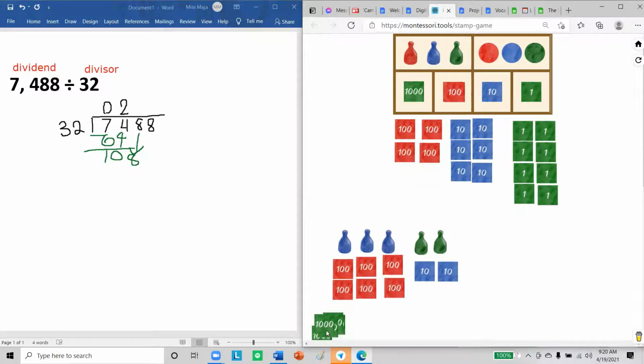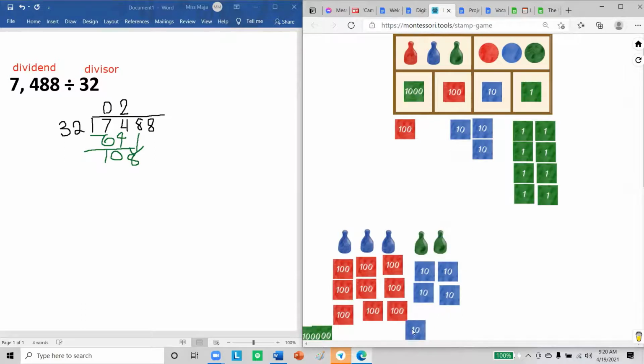Around 3. 64 plus 32 is basically 96. If you add another 32, that's going to be 90 something. So around 3, which you are correct, because you don't have enough to share it anymore.